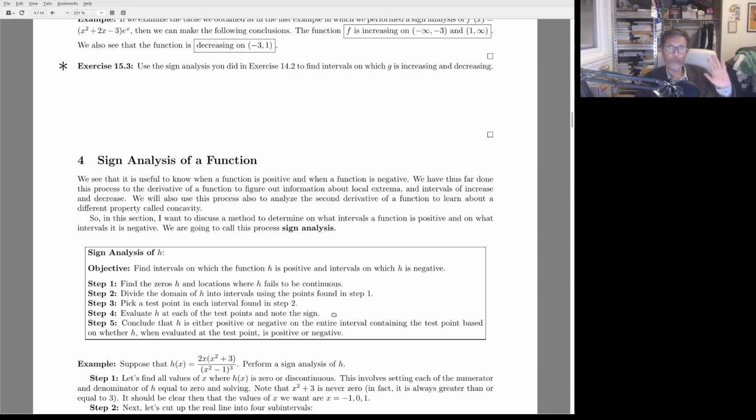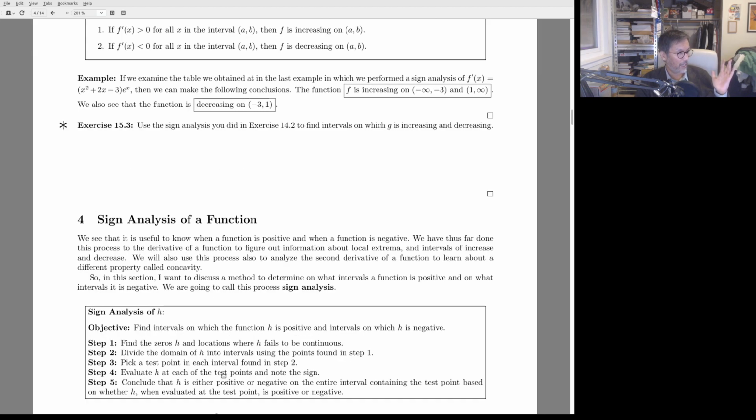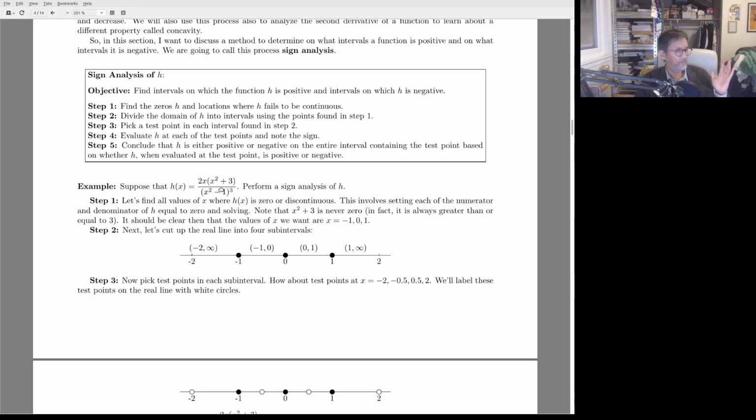Okay? So hopefully I've done a little bit of this on Wednesday so that you're not completely in the dark about this. But let's do this sign analysis for a fairly complicated function. And here's the example that I give you in this worksheet here: 2x times (x squared plus 3) divided by (x squared minus 1) cubed. It's horrifying looking, okay?